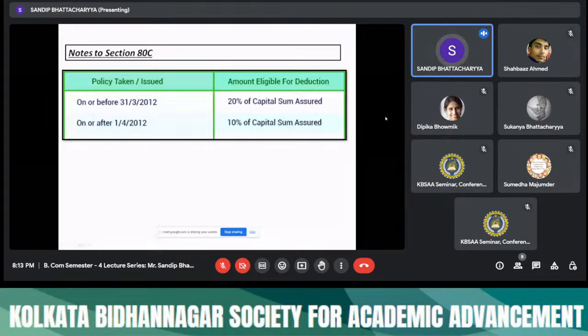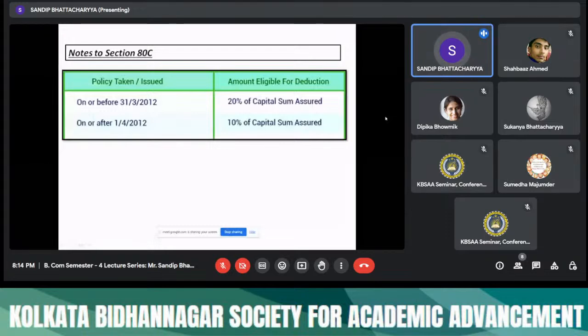When did you take the policy? Suppose I have made a policy, and my total policy value is 5 lakhs and I have taken this policy before 31st of March 2012. So what is my eligible amount of deduction? Maximum benefit is 20% of the capital sum assured.